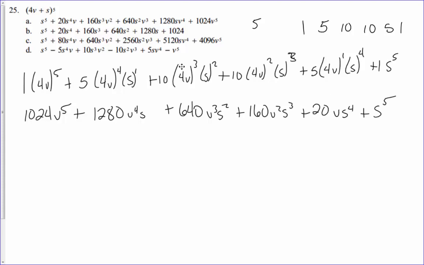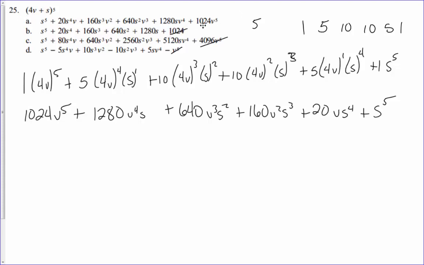So now we need to look up here to find our answers. If you notice, they put the s first, which is fine. It doesn't matter because mathematically you can write it either way. So what it looks like we need to do is look at this backwards and start comparing backwards. So our first term over here is going to be 1024 v to the 5th. That's not 1024 v to the 5th, neither is that one, neither is that one.